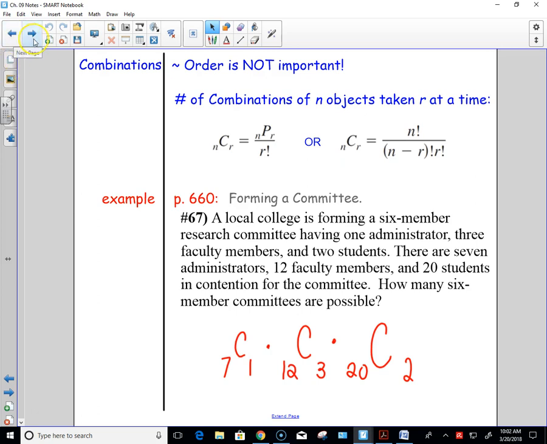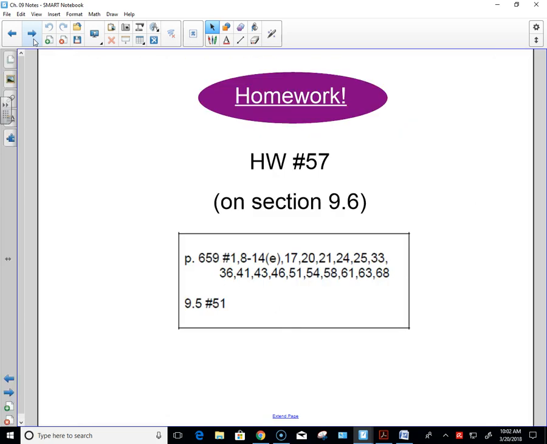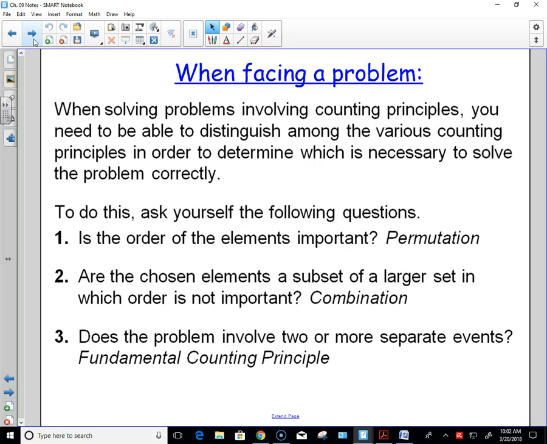Unless there's something that would make the order important, like, oh, but we're electing different people to different offices. That's what I was mentioning at the very end of yesterday, when you guys loved the whole 'not my president.' But anyway, coming back. If there were offices that they were being elected to, different people could be elected to different offices, which would make a different committee with different offices. That would be a permutation.